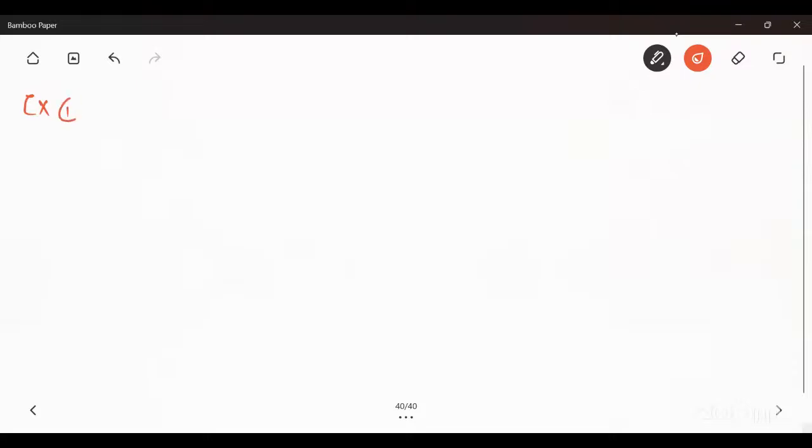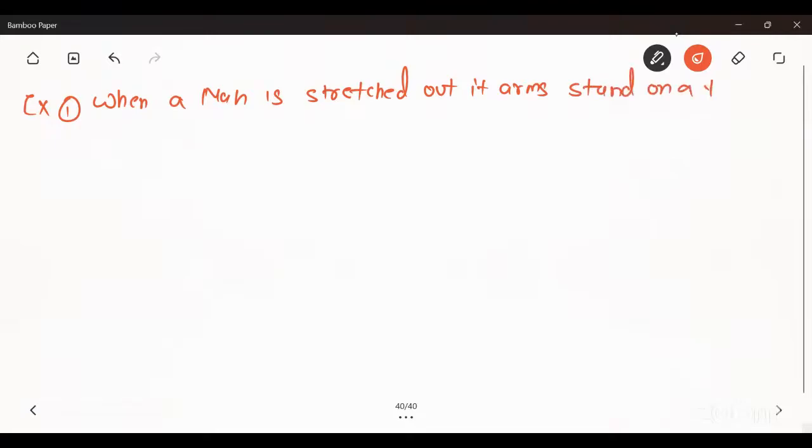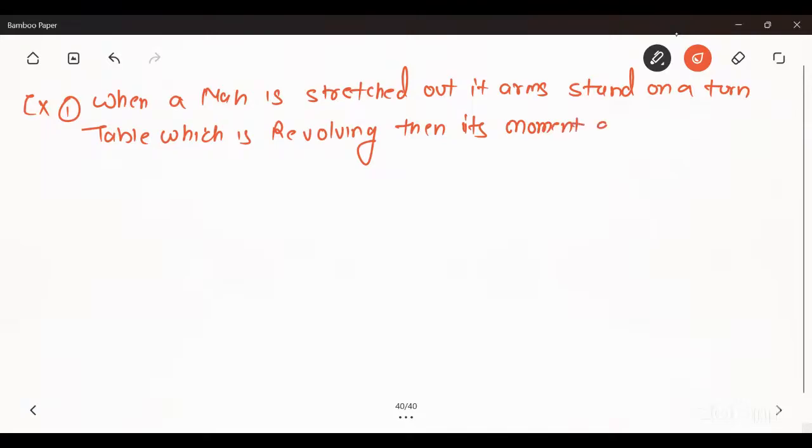Now for an example. The first example is when a man stretches out his arms while standing on a turntable which is revolving, then his moment of inertia is high.